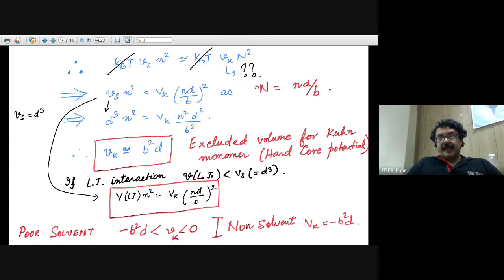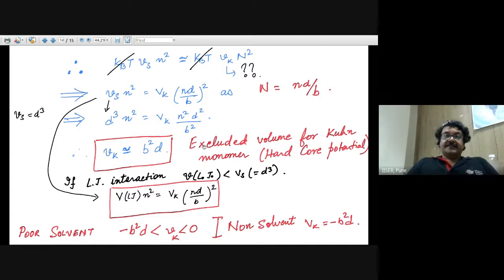And n, if you remember, was nd by b. It's a definition of how many Kuhn segments there are. This is how we calculate it. So this n square is replaced by nd by b. And if you have a pure hardcore repulsion, then Vs is written as d cube, and then you have this algebraic equation, Vk becomes equal to b squared d.